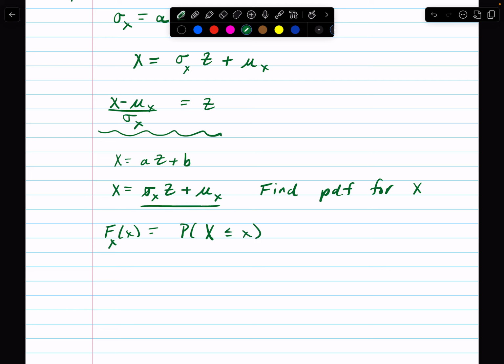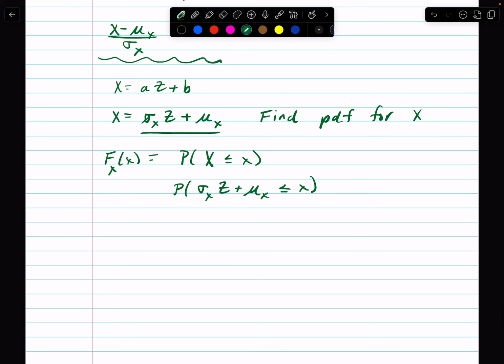We convert this to Z. So this is the probability sigma sub X Z plus mu sub X is less than or equal to x. Let's solve for Z: the probability Z is less than or equal to (x minus mu sub X) over sigma sub X. At this point, we notice that this is the CDF for Z, evaluated at (x minus mu X) over sigma X.